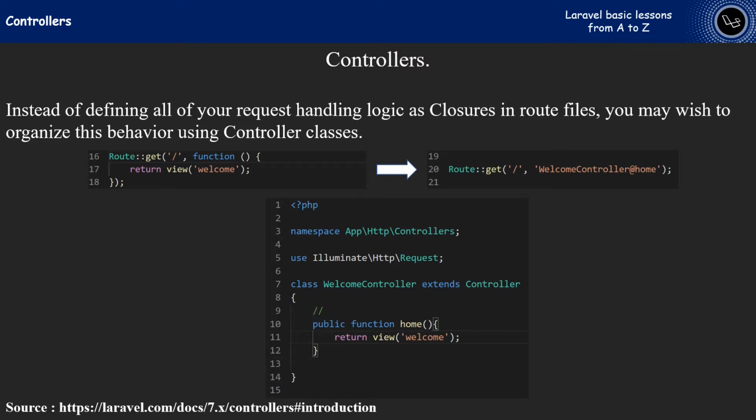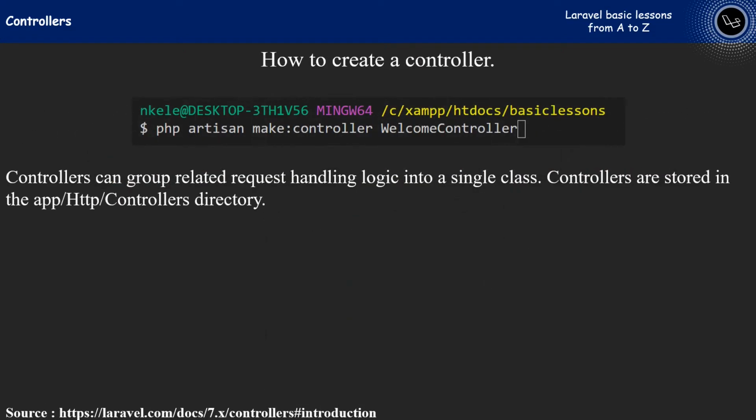Very simple. Let us see more about this, and we are going to go back to our Visual Studio Code. First of all, how to create a controller. The first thing to do is to type this command, php artisan make:controller, and here you put the name of your controller. In my case, I have chosen WelcomeController as the class, and as you can see, your controller must respect the camel case notion.